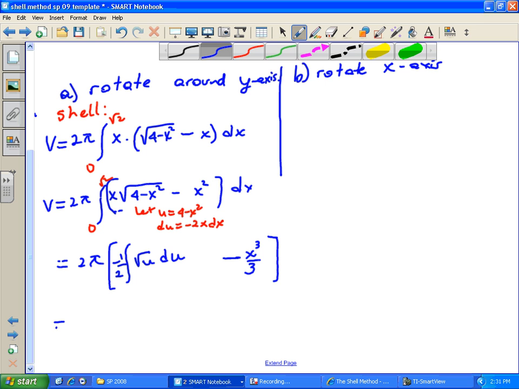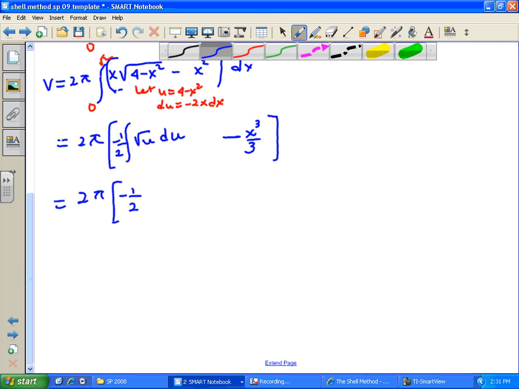And if I simplify further, 2 pi times quantity negative 1 over 2 times u to the 3 halves over 3 halves, or times 2/3.